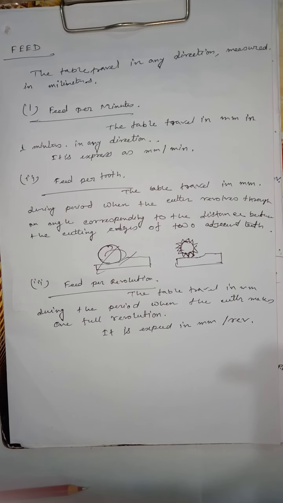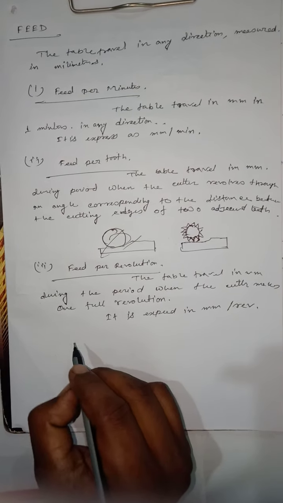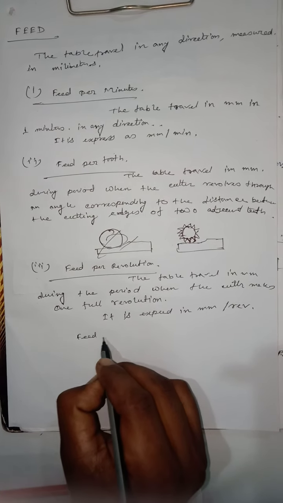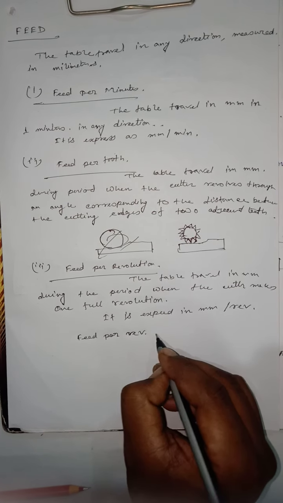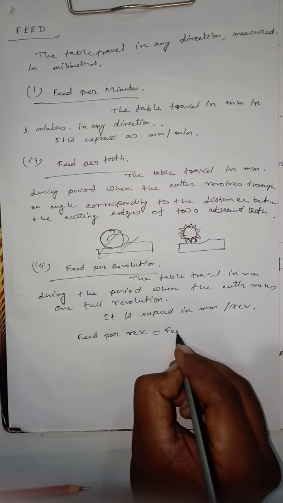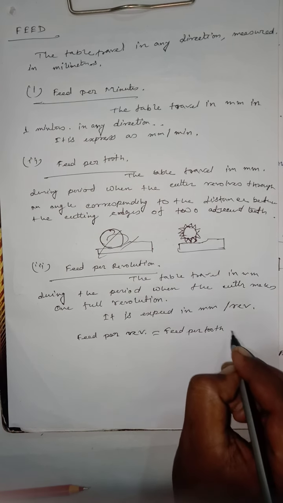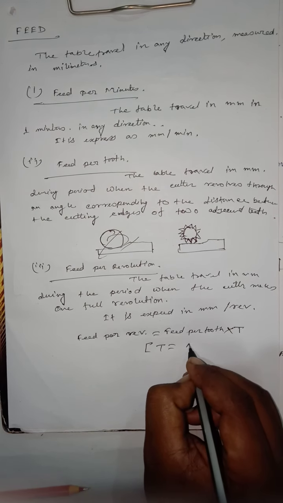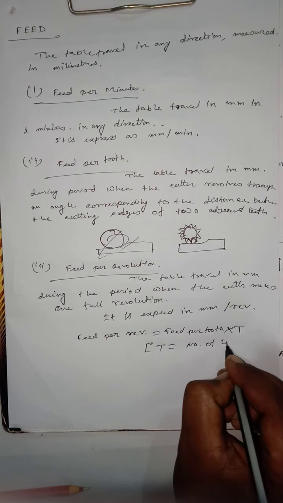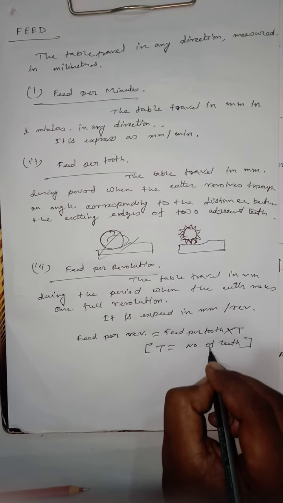Another interesting thing in milling machine is that feed per revolution is equal to feed per tooth into T, where T is the number of teeth in the cutter.